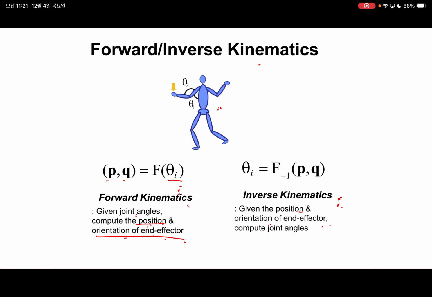The same position, but there can be many joint angles of my shoulder and elbow that can reach the target position, right? There can be many combinations of my shoulder and elbow rotation. So inverse kinematics is about that. Given a target position, how can we manipulate robots to achieve that goal? That is inverse kinematics.